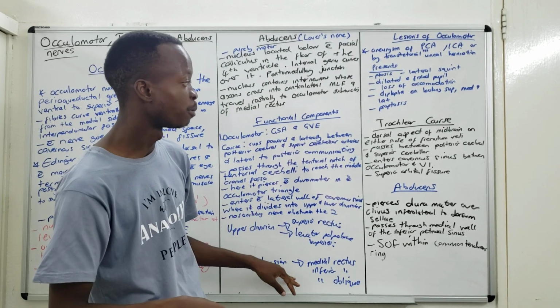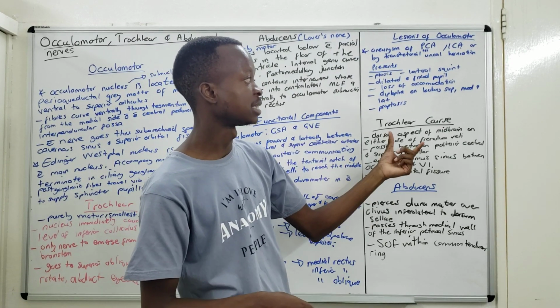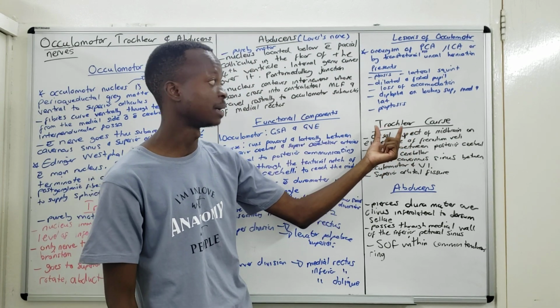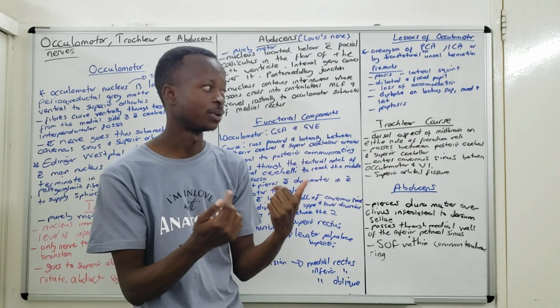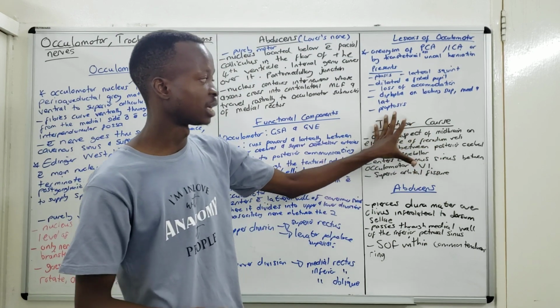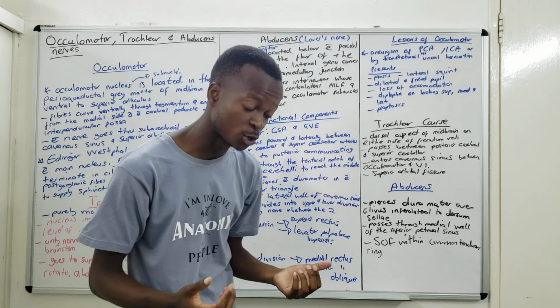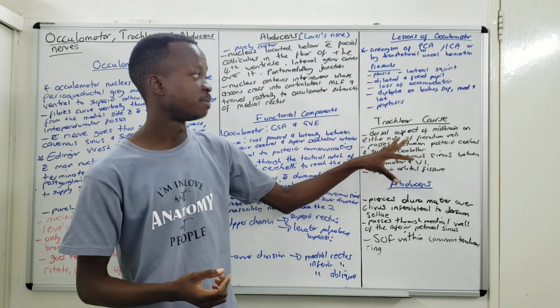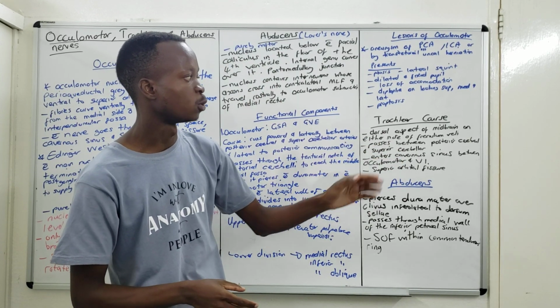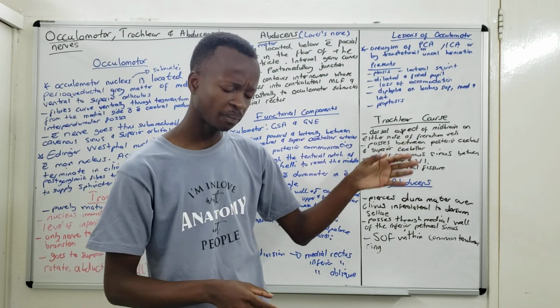Unlike the diplopia that you expect when you have a lesion of the trochlear nerve, which is going to be on looking down, right? So the trochlear nerve, like we said, emerges on the dorsal aspect of the midbrain on either side of the frenulum veli, and it passes between the posterior cerebral and your superior cerebellar arteries.